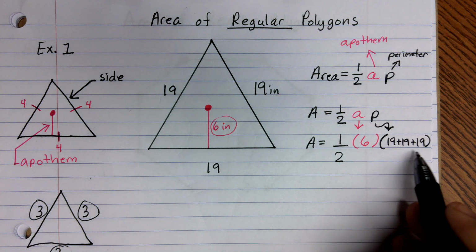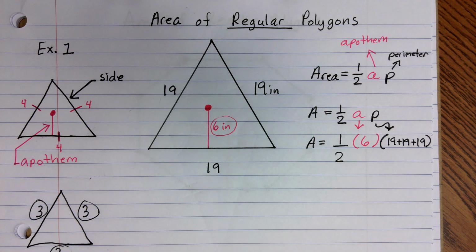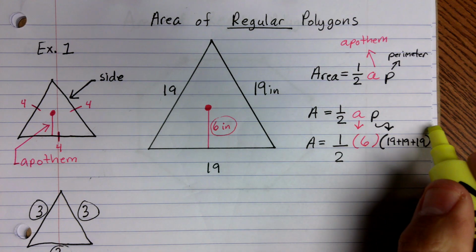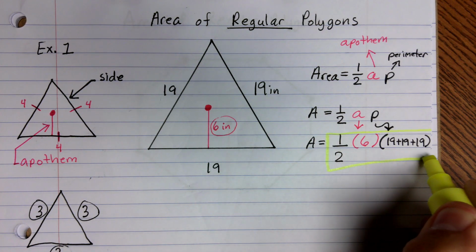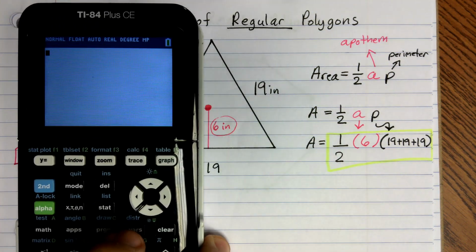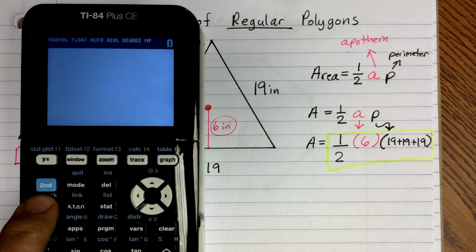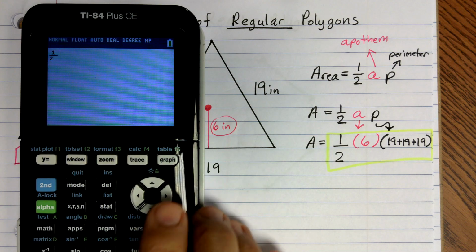Now you could go ahead and add those all together to get a single number, but since we're going to be entering this in the calculator anyways, you could just go ahead and show that all sides are being added, and it's just as good. Now I'm just going to box this real quick. We're going to put this whole amount right here into the calculator, and we're going to let it do all the calculations. So I'm going to get my calculator right quick, and I'm going to start out by putting my fraction bar to get my 1/2 in there. So I'm going to hit alpha y equals enter, and I'm going to put 1/2.